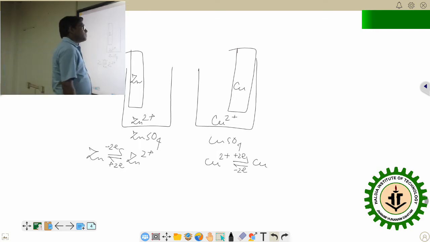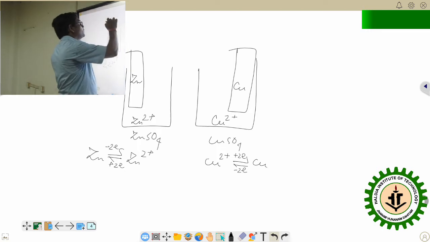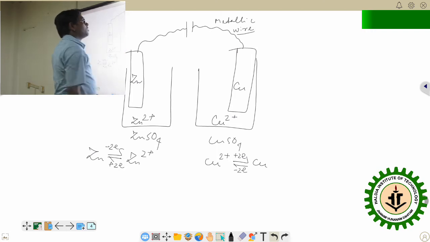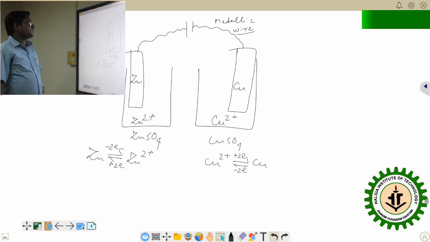It is observed that if we connect these two metal rods by a metallic wire, and check with a voltmeter or ammeter, we find there is a flow of current. It means there must be a way that electrons are flowing from one side to the other.